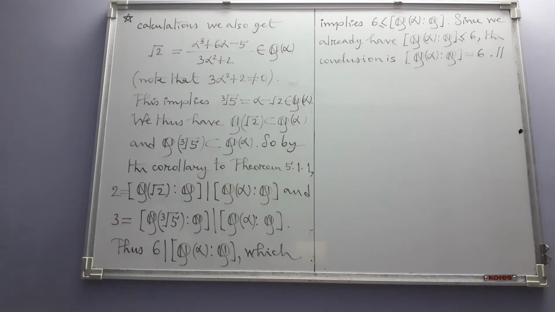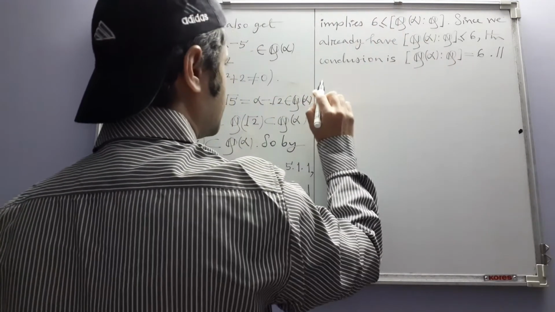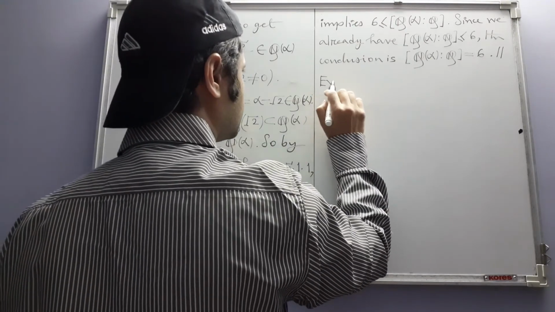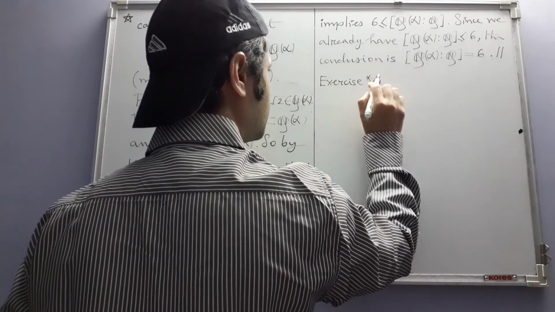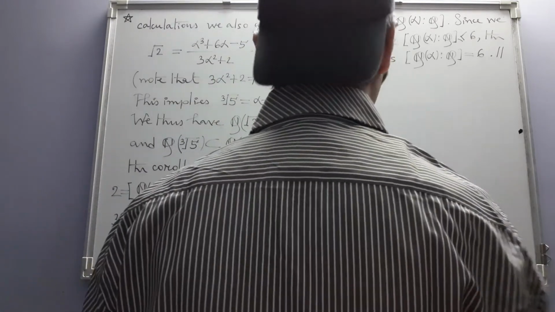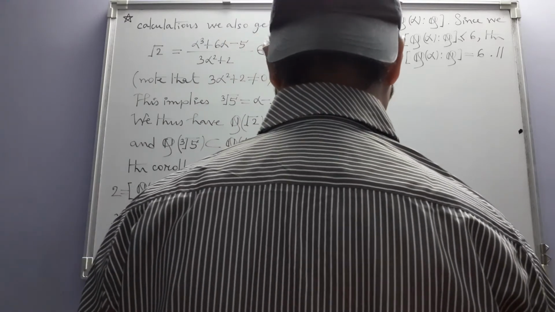Next, so this was exercise 5. Next, exercise 6, and this is a starred one, so it is supposed to be a little more difficult than the usual.